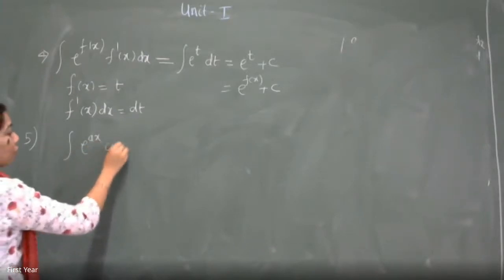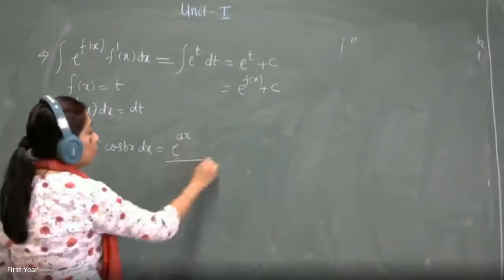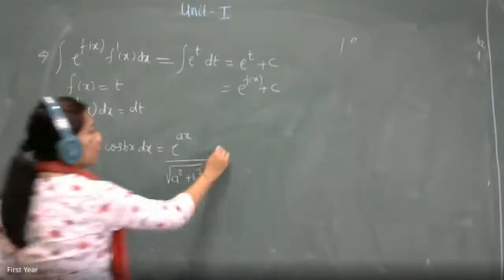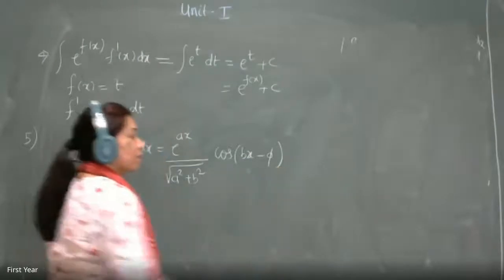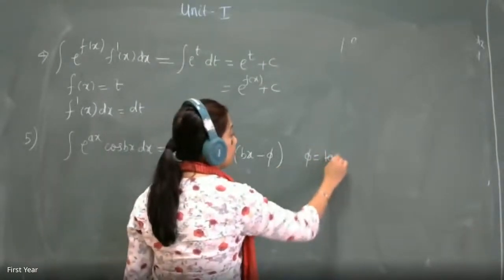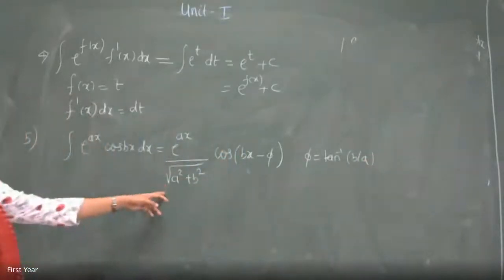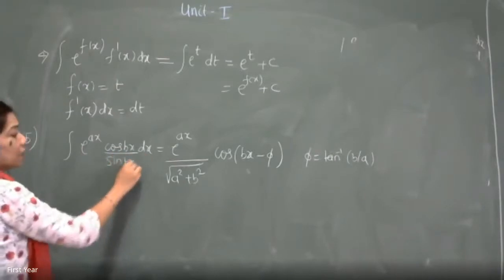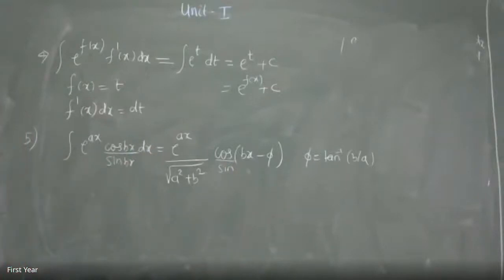Integration of e raised to ax cos of bx dx is e raised to ax upon the root of a square plus b square into cos of bx minus phi, where phi is equal to tan inverse of b by a. This formula will be used for your electric circuits. If there is sin bx, then there will be sin. Where phi is equal to tan inverse of b by a. Okay, these formulas will be used.